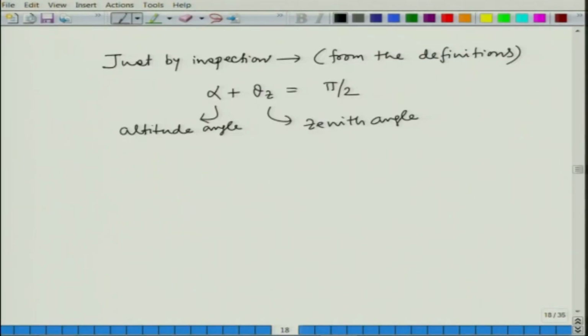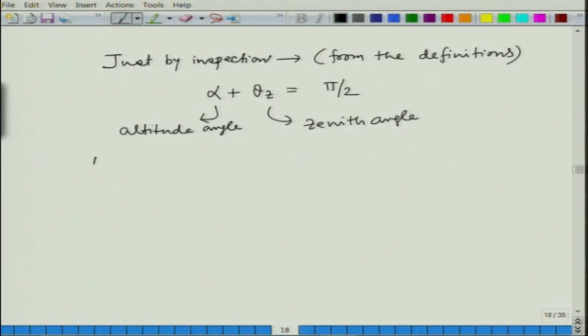For that assumption to be true, you have to go through these notes and these lectures many times and do examples, and only then will you internalize the naming system and grow intuition in visualizing this 3-dimensional thing and the interconnection between two reference frames, which is very, very important. So, that is the first relation we get: alpha plus theta z equals pi by 2.